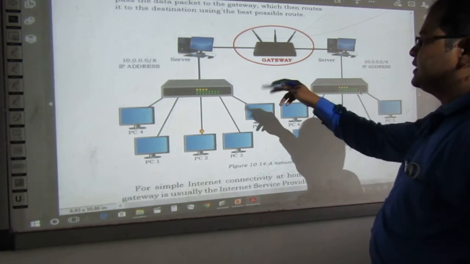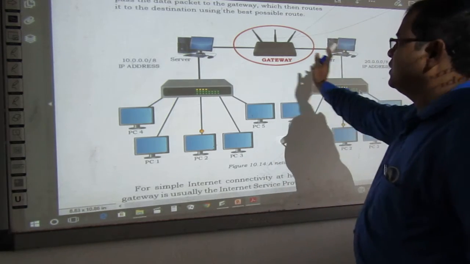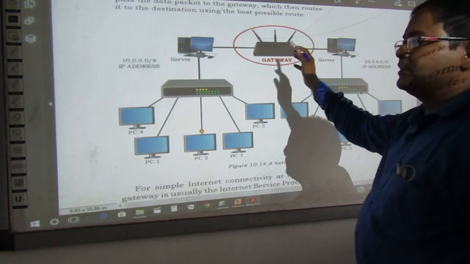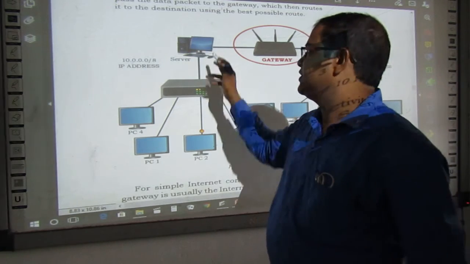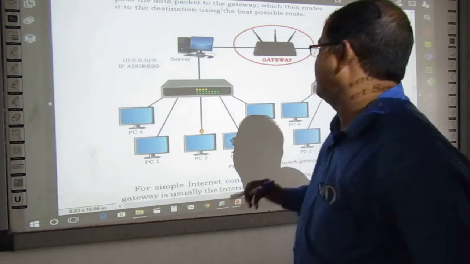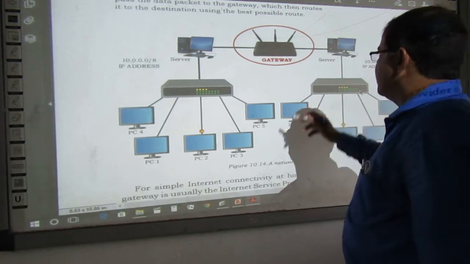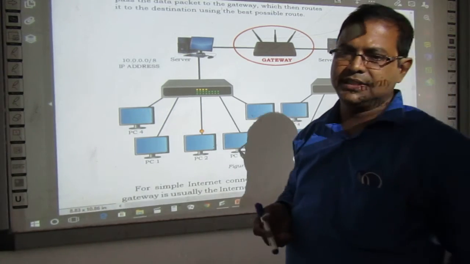You can see this is one IP address and this is another IP address. Whenever two IP addresses interact with each other, suppose this computer has a Unix operating system and this computer has a Linux operating system, and it connects to another system which has a Windows operating system.